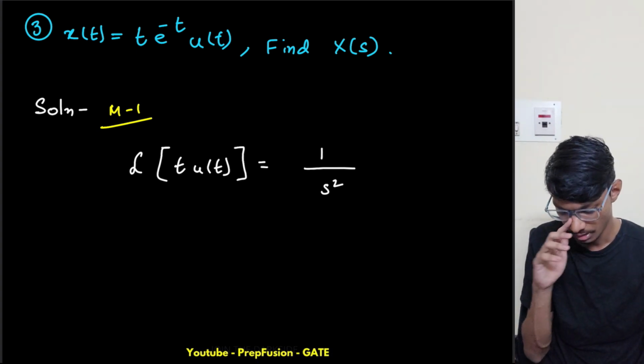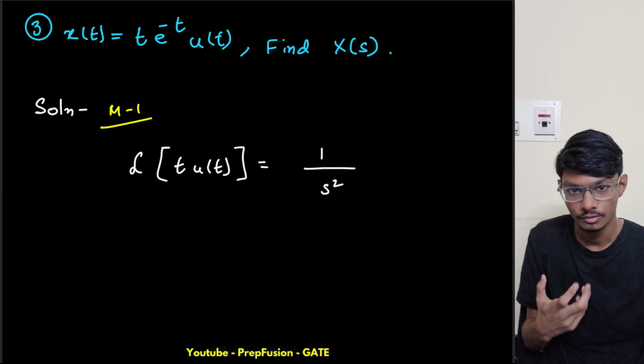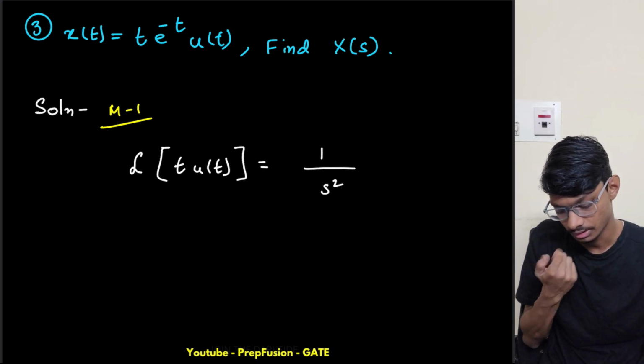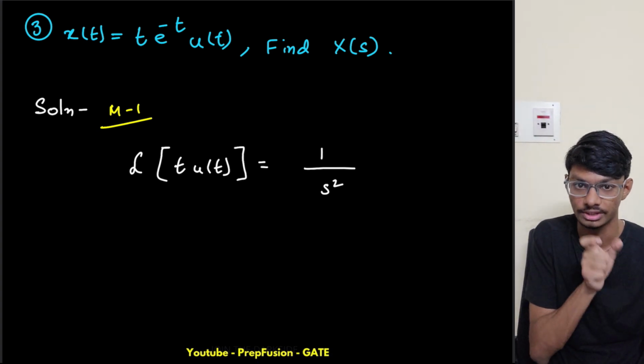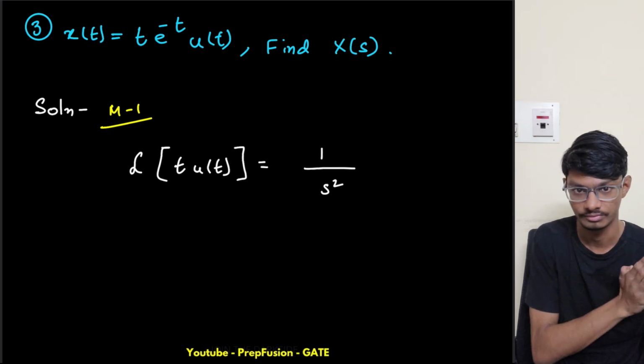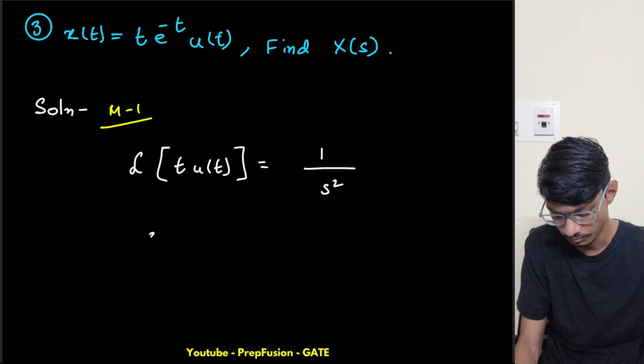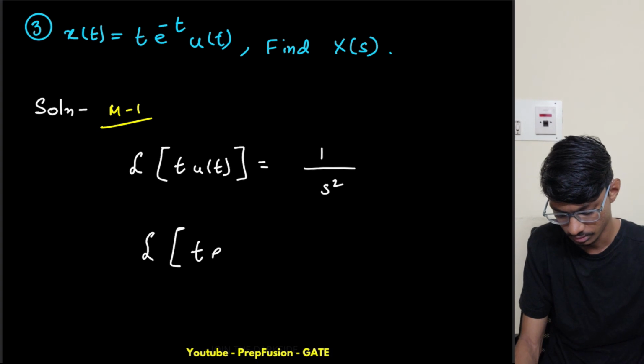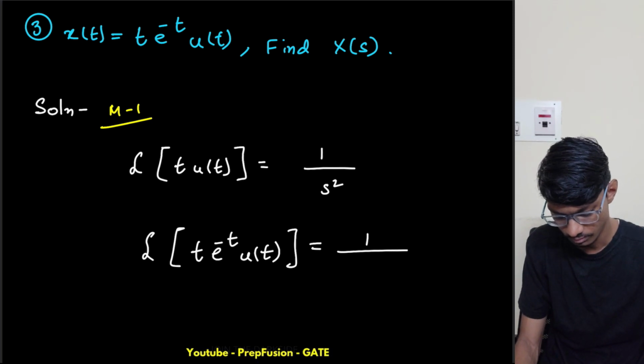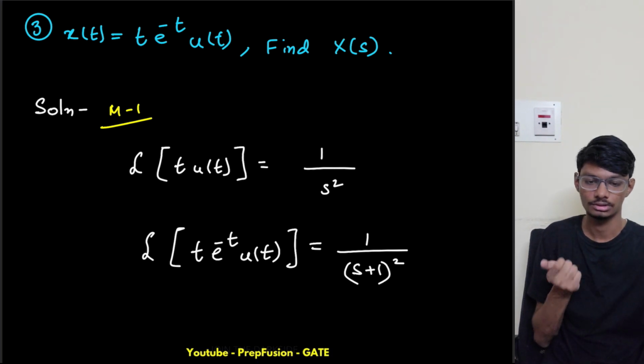Now we are multiplying with an exponential, so the s will be shifted by positive 1. So the Laplace of e raised to power minus t u of t will be 1 by s plus 1 whole square. So this will be the answer for this question.